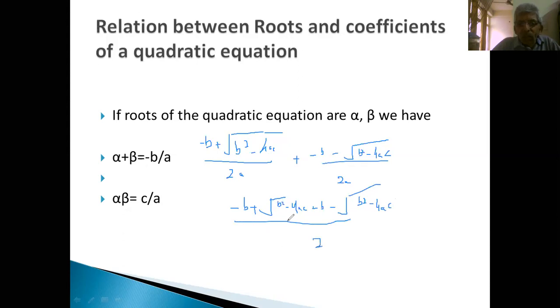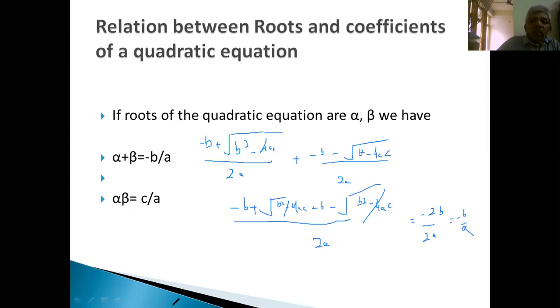Now b square minus 4ac, here it is in plus and here it is in minus, so this cancels out and I get minus 2b by 2a. The 2 cancels out and I get minus b by a. So the sum of the roots is minus b by a.